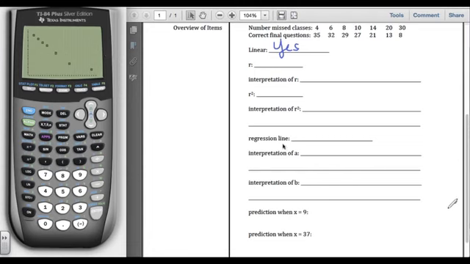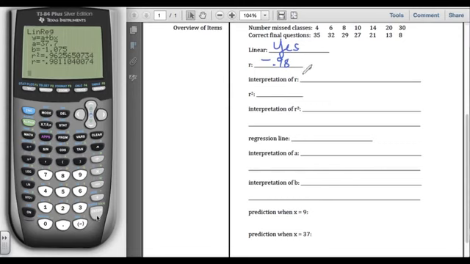If I hit the stat button, go over to calc, select number 8, the linear regression in the form a plus bx, I see my R is a negative 0.98 if I round it to 2 places. To interpret this R, what does the R tell me?